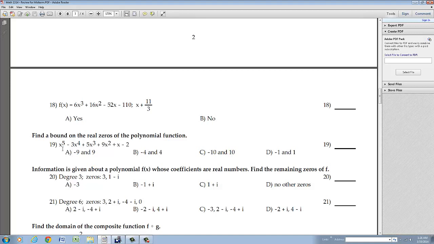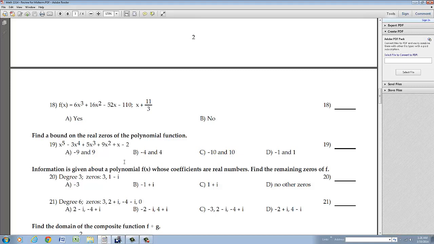So the first number you find is the larger of 1 and the sum of these coefficients, but they have to be absolute values. So basically you're adding 3, 5, 9, 1, and 2. And of course the larger one is going to be the sum of those numbers.